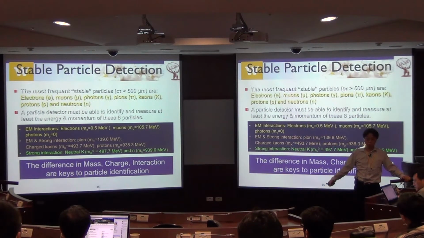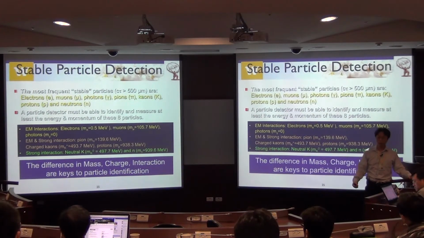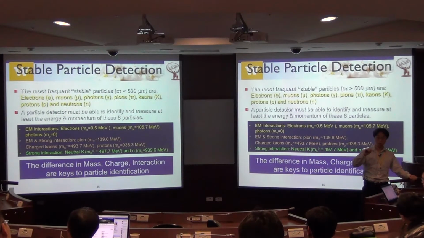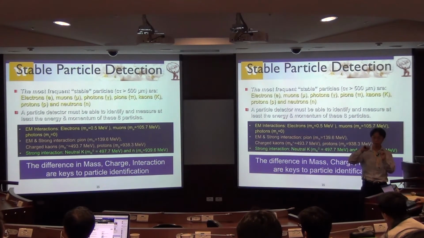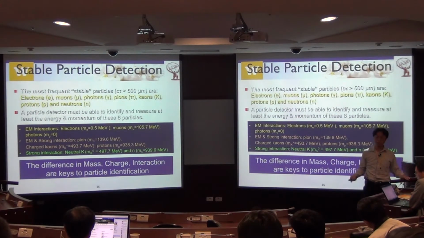That means if you build a detector within that 50-meter size, you can basically see all these particles from the center all the way across the detector. That's why we define them as so-called stable.